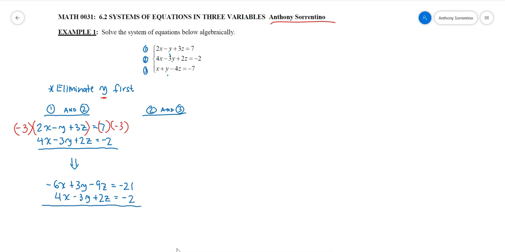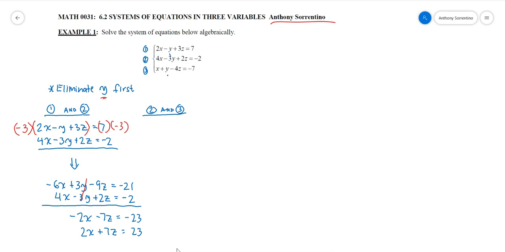And then when I add these two together, I get a -2x. The y's cancel as designed. Minus 7z equaling a -23. And if I want to make it a little bit nicer, I can get rid of all the negatives just by multiplying both sides by -1. And I would get 2x plus 7z equals 23.